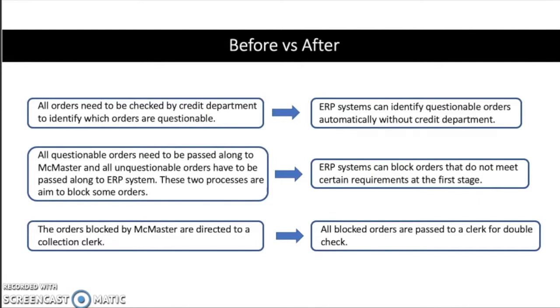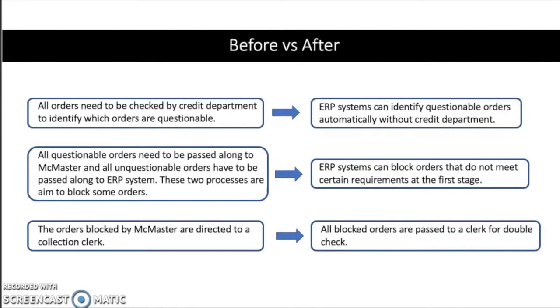The first change is that before re-engineering, all orders need to be checked by credit department to identify which orders are questionable. But after implementing a new ERP system, this new system can identify questionable orders automatically without credit department.